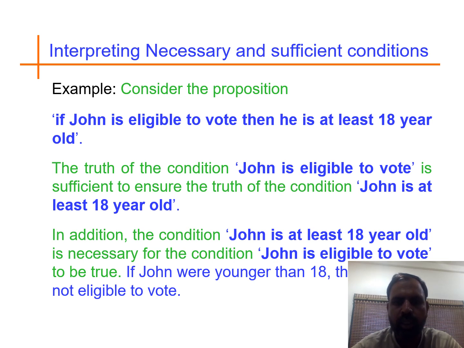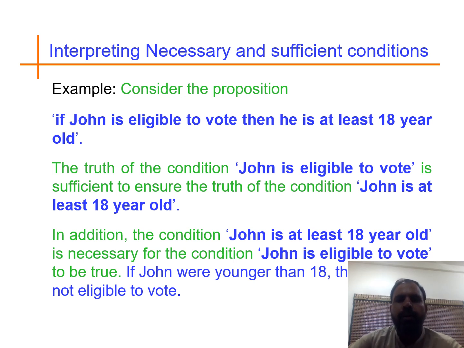If John were younger than 18, then he is not eligible to vote. In every country, in every democratic party, you can vote when you have your own CNIC, your own computerized identification card.